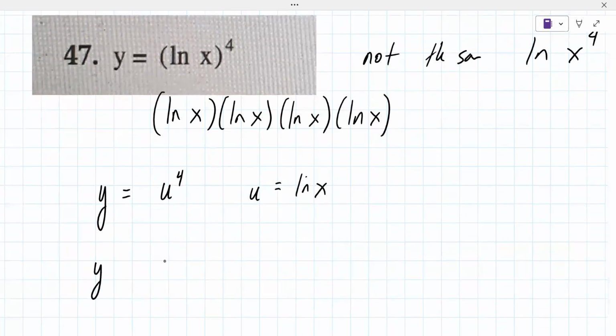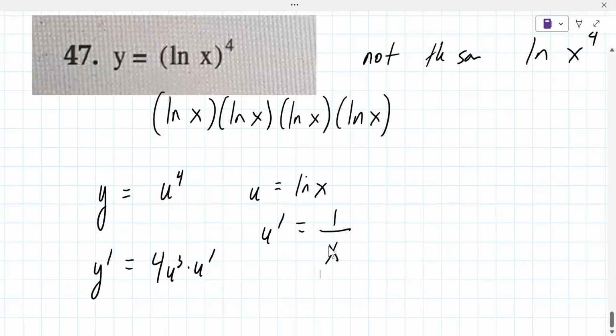So what is the derivative of u to the fourth? 4u to the third times u prime. What is u prime? What's the derivative of natural log of x? 1 over x.